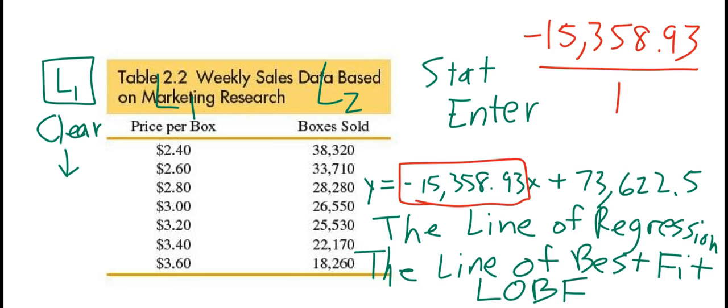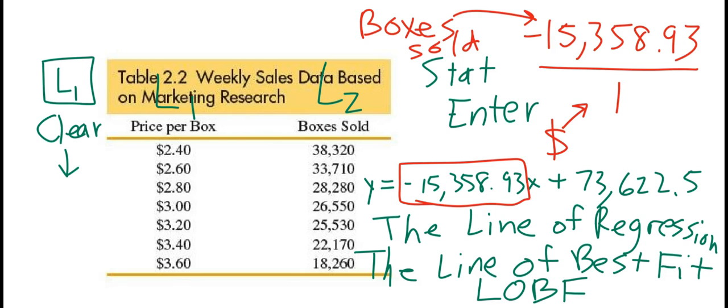What's the number on the top representing? Boxes sold. And what's the number on the bottom? It's the price, right? It's the money. So specifically price. So interpret what it says.